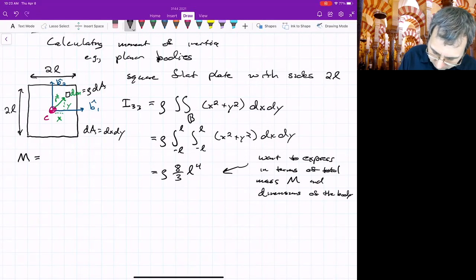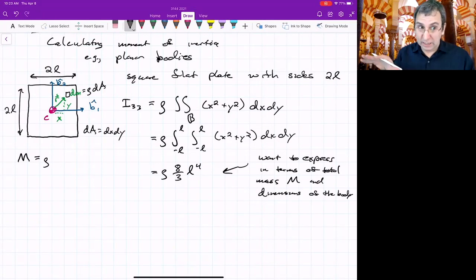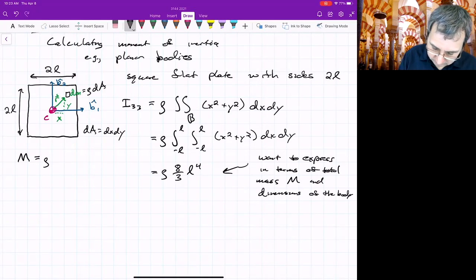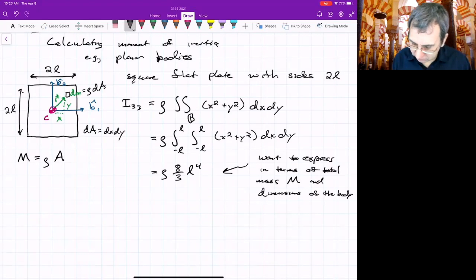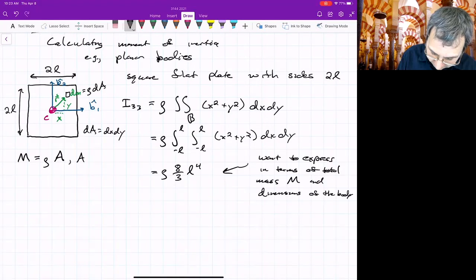So M here would be density times, because it's a flat thing, basically area. So there was, I guess, a little trick here where I'm saying density, which you might think is mass per unit volume, but for these flat things, you could treat it as mass per unit area. What's the area of this square? It's 2L on each side, so 2L squared, so 4L squared.